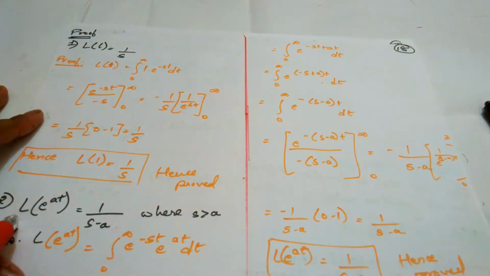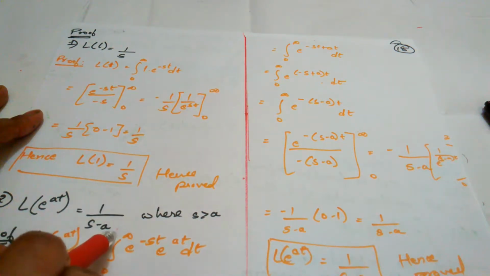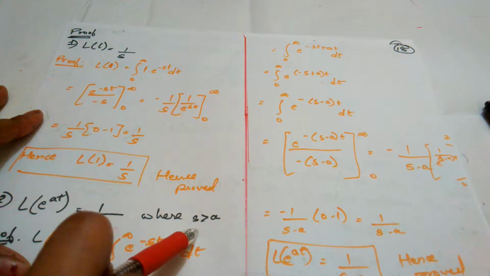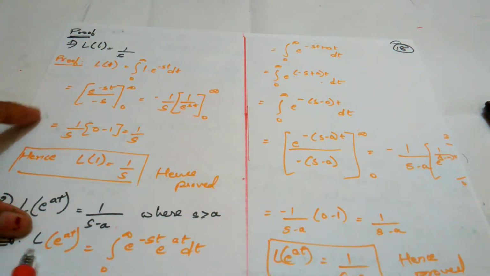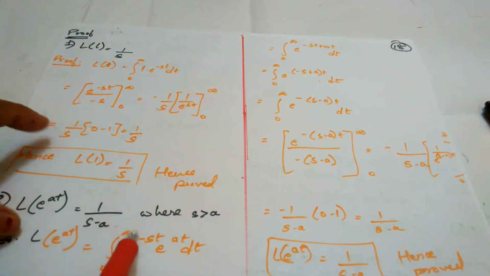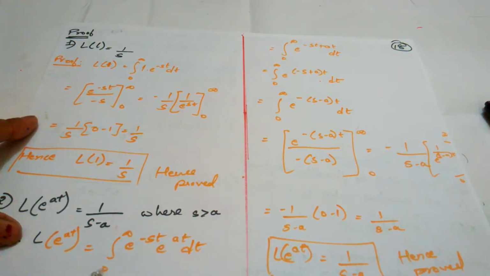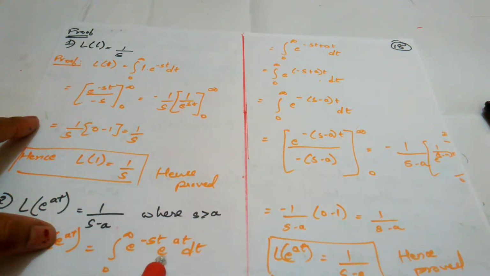Second is L of e raised to at is equal to 1 upon s minus a, where s is greater than a. So, L of e raised to at is equal to, again the same formula, the integral from 0 to infinity of e raised to minus st times e raised to at dt.